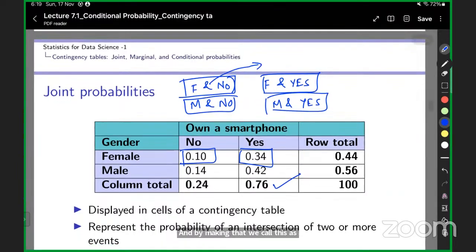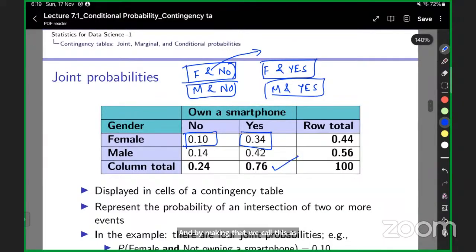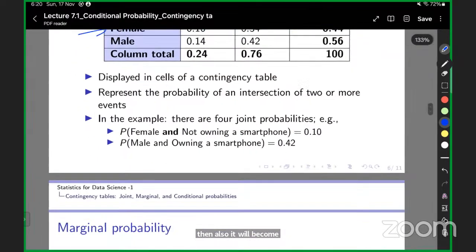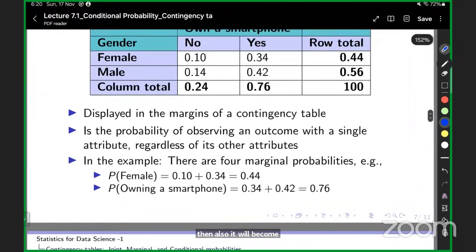If we look row wise, this whole thing, then it will become marginal probabilities. Even if we look column wise, then also it will become a marginal probability. What kind of marginal probabilities?